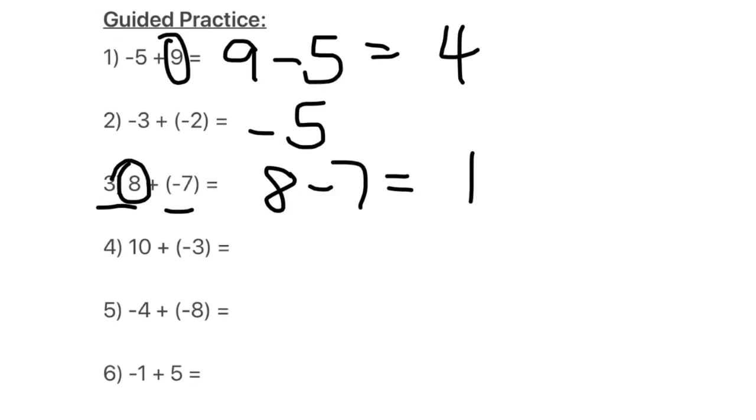Again, thinking about money, here you owe $7 and you have 8. So you have more money than what you owe. You pay off the $7 that you owe and you still have $1 left. If you have money, it's positive. So if you have $1, you have +1. Pause the video and try number 4.